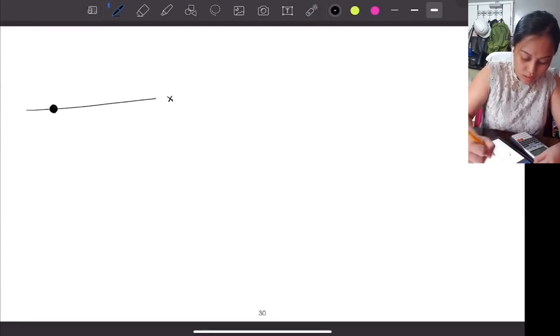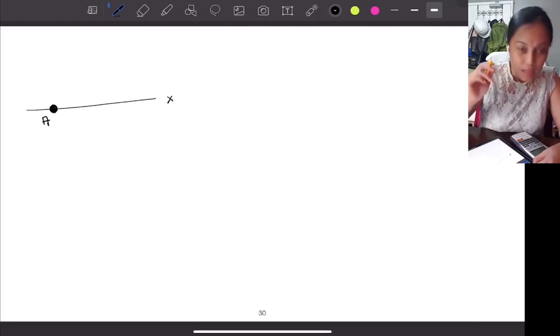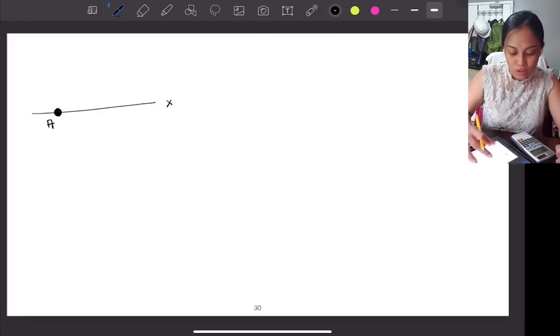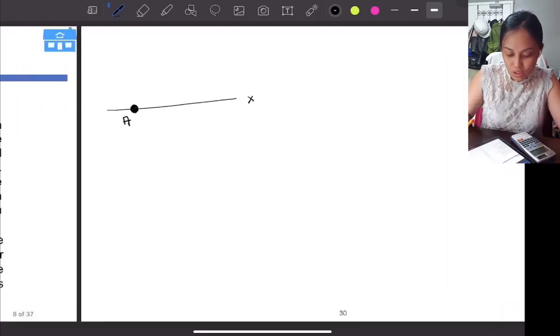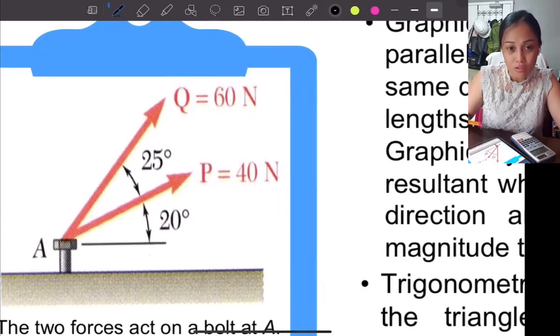This is bolt A, where the two forces act. Again, for the graphical method, you need a ruler, paper, and protractor so that you can sketch these forces onto the paper, and it should be drawn to scale.